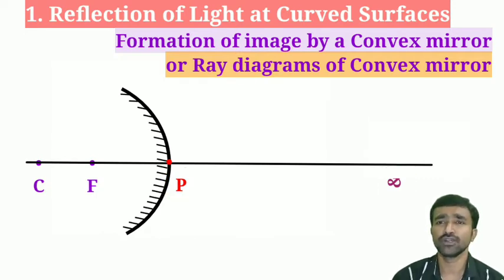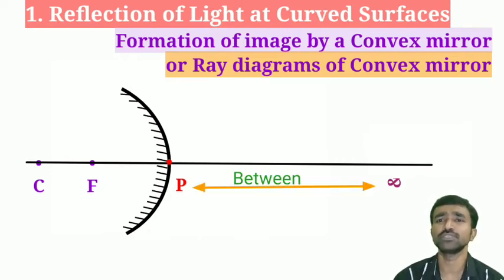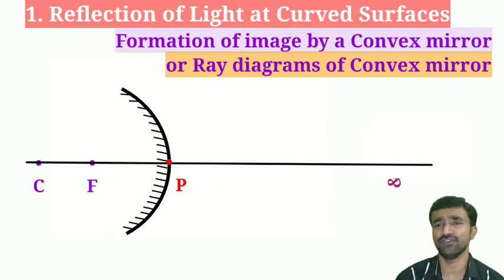So at whatever distance you place the object in front of the convex mirror above the principal axis, it is considered a situation between pole and infinity, or at infinity. What happens if you place the object at infinity?